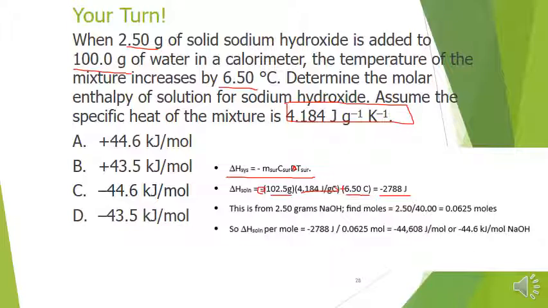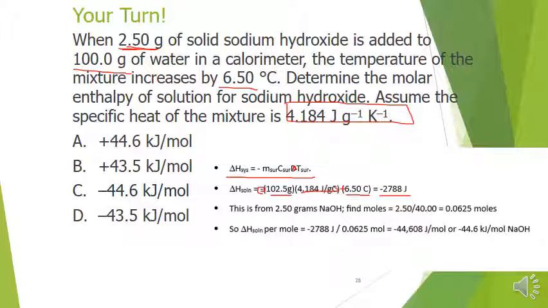Okay, now what we're saying is that that's how much heat is released when you put 2.5 grams of sodium hydroxide in water. So it's very specific. It's specific for 2.5 grams. What we want to do is not have this in grams. We want to know how many moles this is.